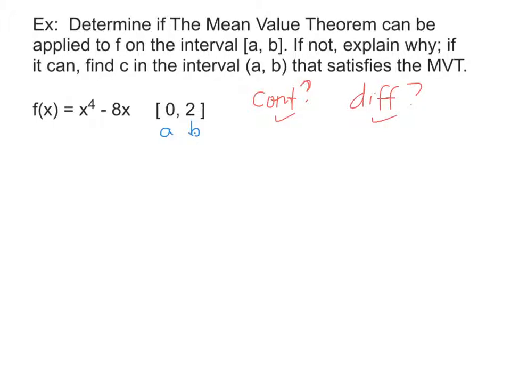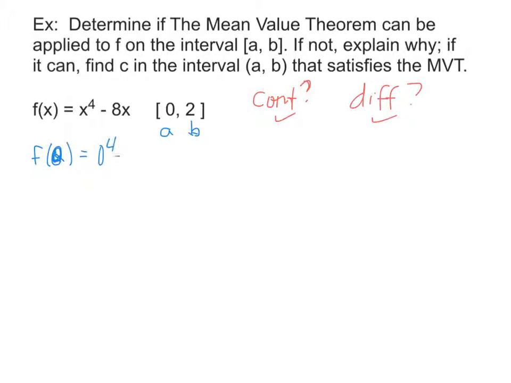So, first off, I want to find the slope of this secant line that goes through 0 and 2 along the x. So, we need to find our y values for each of these. When A is 0, my f of A is going to be f of 0.